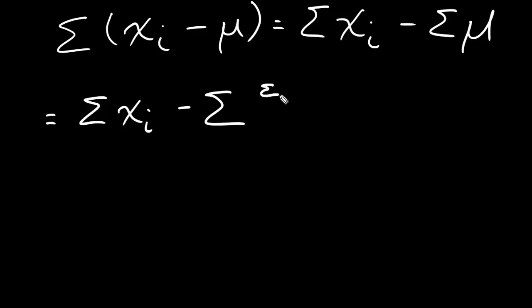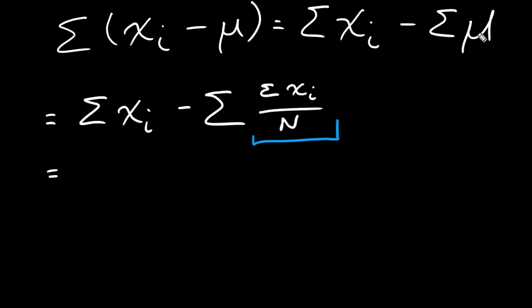We know that mu is the sum of xi over n. Then if we add up this term, we've got however many observations, that's how many times we're going to be adding it.